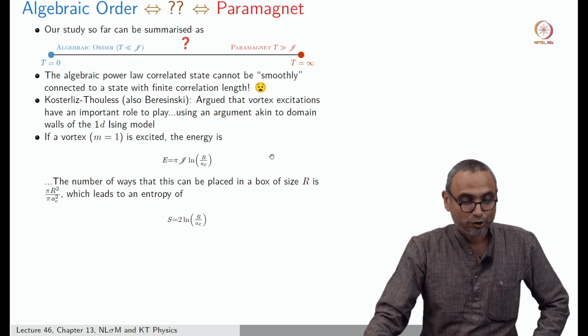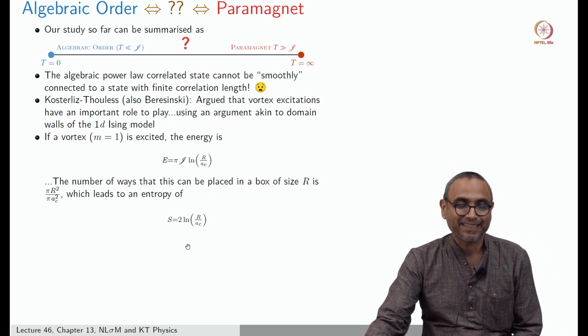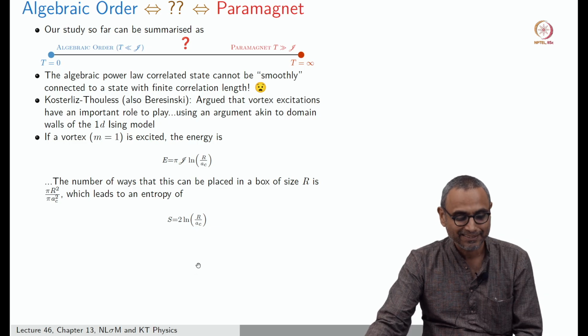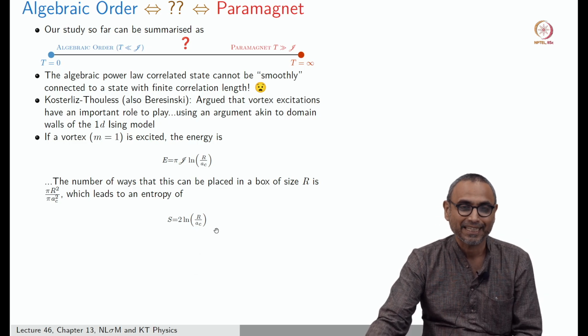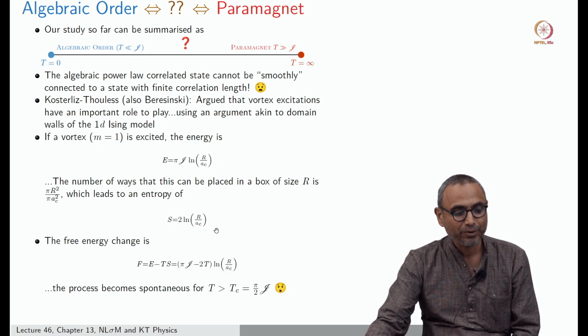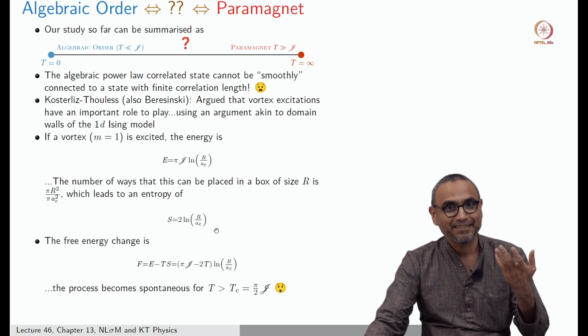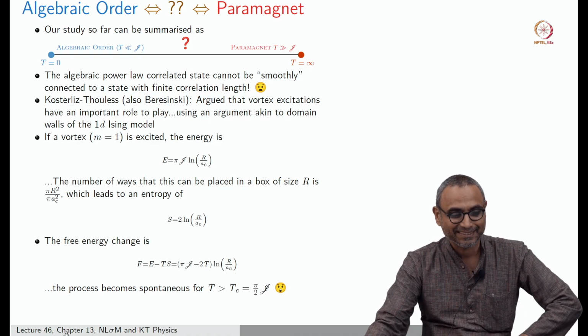Okay. So now I know the energy associated with the excitation of a single vortex, and I know the entropy associated with the excitation of a single vortex. So I can go ahead and compute the free energy, which is E minus TS.